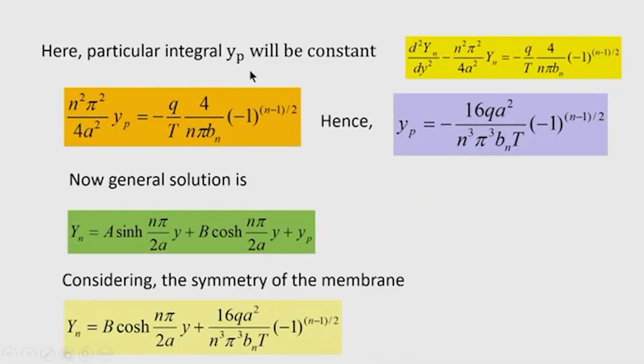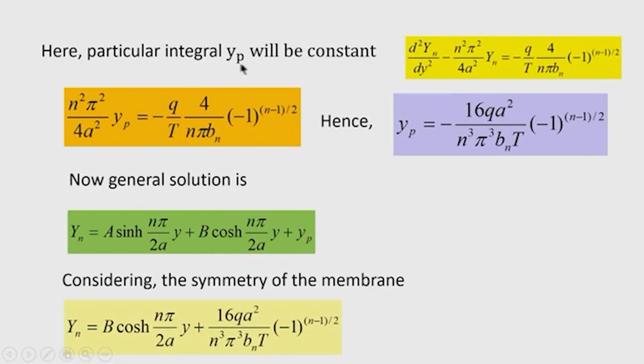Now, the particular integral will be a constant, because if we observe this equation, the right hand side is a constant quantity: q is a constant, T is a constant because the tension in the membrane is assumed to be constant, n is an integer, and b n is also a constant coefficient. Therefore the particular integral can be treated as a constant.